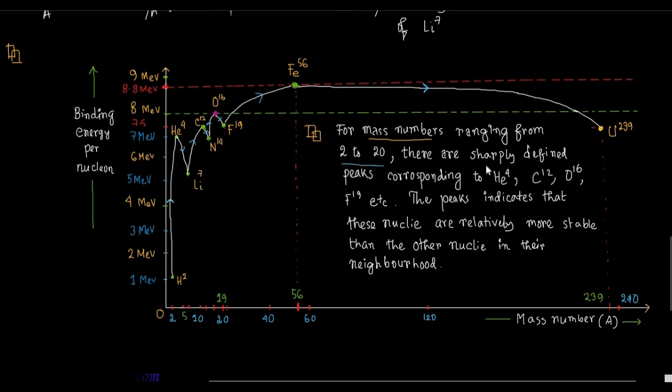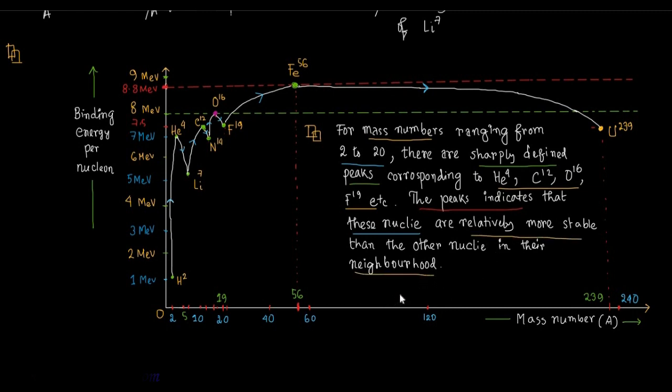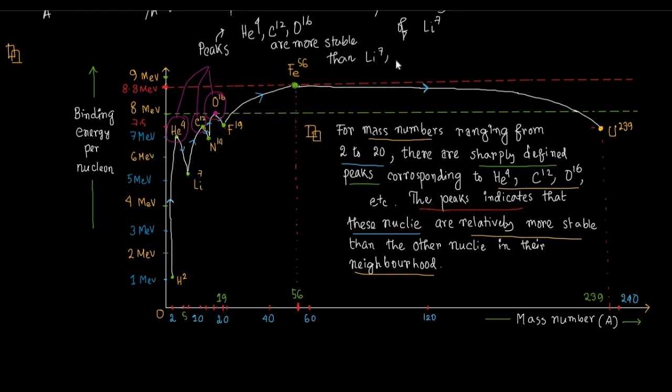For the mass numbers ranging from 2 to 20, there are sharply defined peaks corresponding to He4, C12, O16, etc. These peaks on the binding energy curve indicate that helium, carbon, oxygen are more stable with respect to lithium, nitrogen and fluorine.